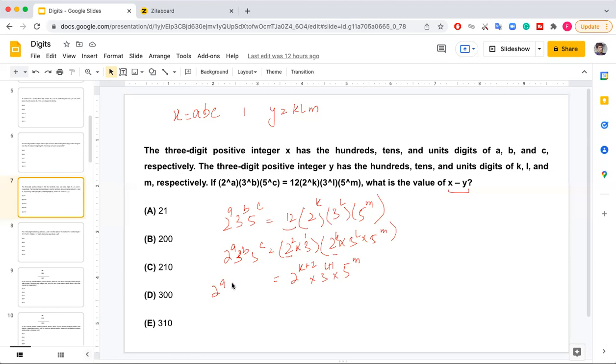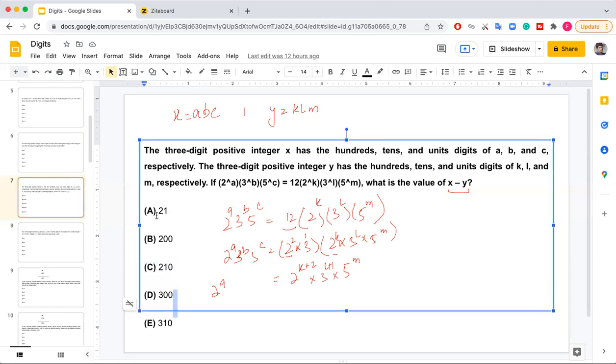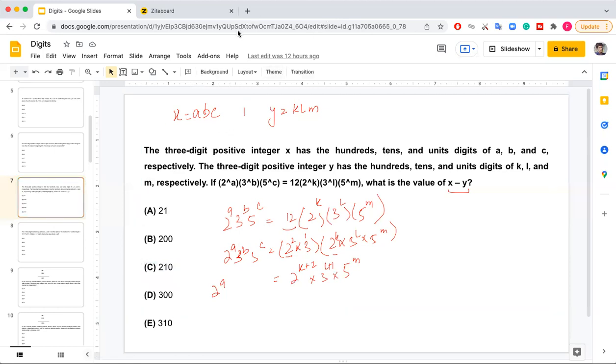The left side is 2^a into 3^b into 5^c. Now on both sides we have the same bases, so we can equate the powers. For 2, a is equal to k plus 2. For 3, b is equal to l plus 1. And for 5, c is equal to m, right?